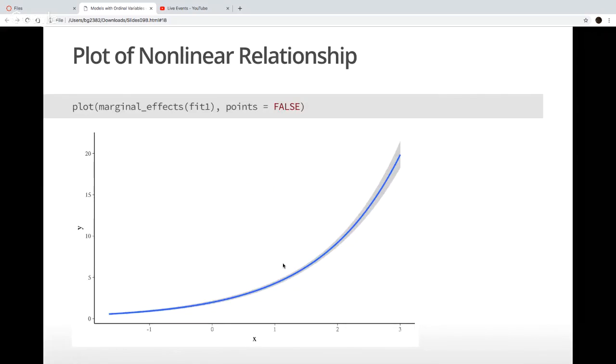The brms package has this really useful function called marginal effects, which allows you to plot the nonlinear relationships that you've embedded in your model, whether it's like this one, which was structured, or doing some mgcv stuff to estimate a spline, anything like that. You can get a ggplot out. It'll show you the posterior median in dark blue there.